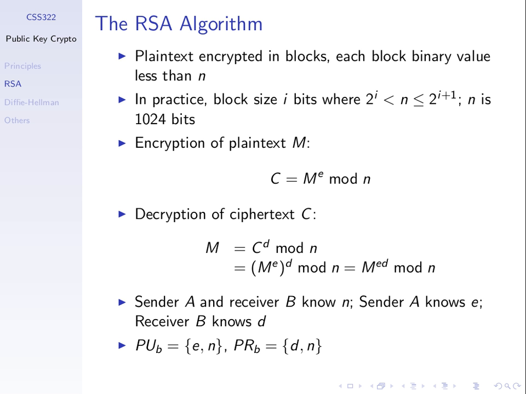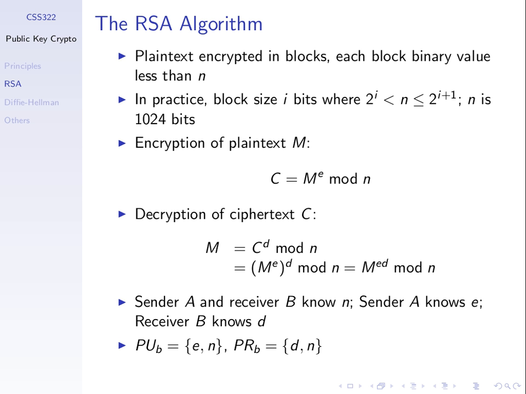Euler's theorem, one of the forms, was saying a to the power of the totient of n plus 1 is equal to a in mod n. Or in other words, a to the power of the totient of n plus 1 mod n equals a. That's what Euler's theorem tells us. Now look at the equation we have in our RSA derivation.